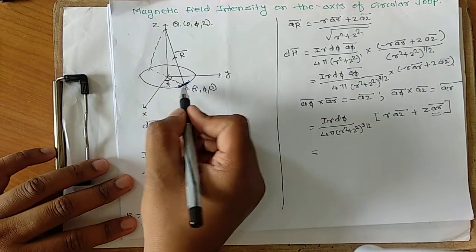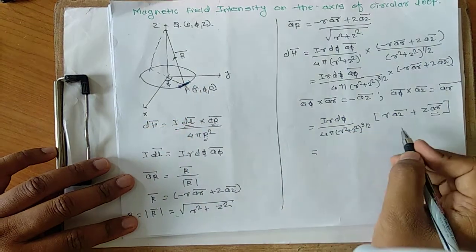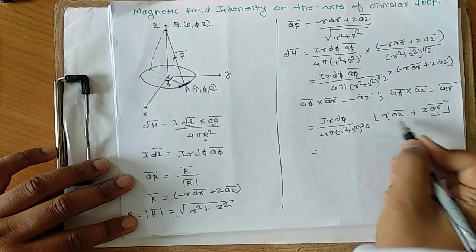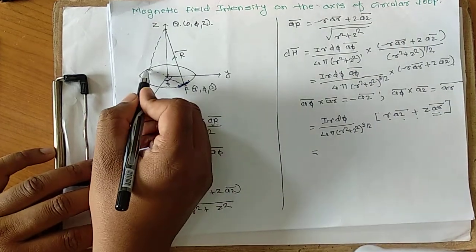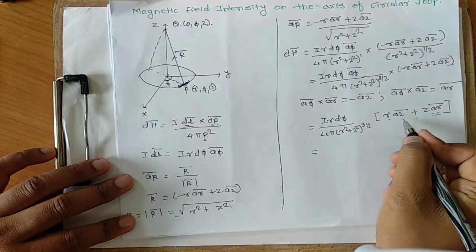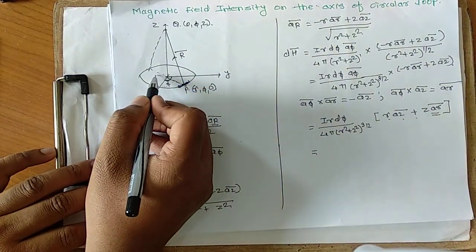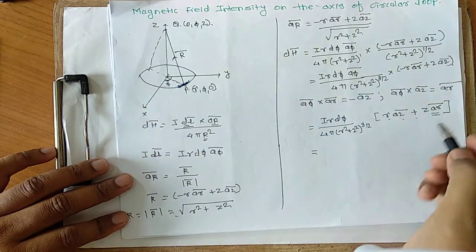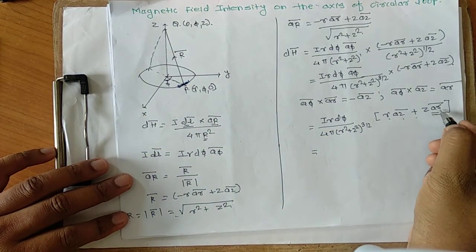Why? Because this point has two components, right? Which are the two components? r a_z bar plus z a_R bar. Exactly opposite, the a_z bar vertical component will be the same, but the horizontal component is going to be minus, though the quantity is the same. So it will be minus z a_R bar.